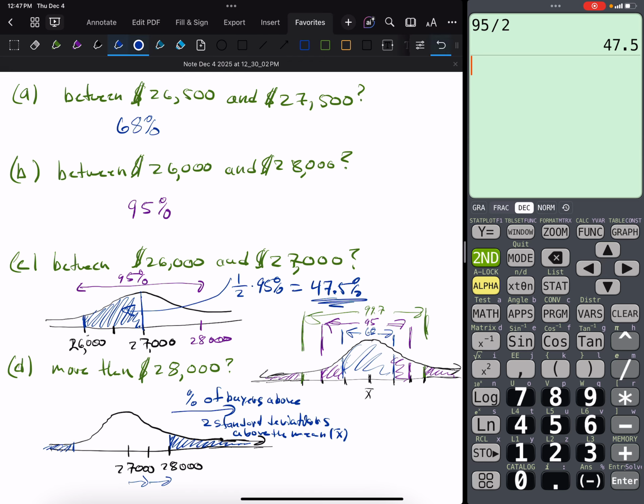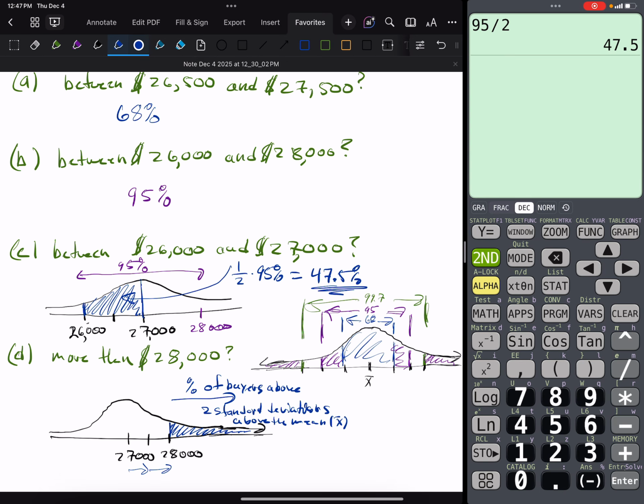And I don't want that tail over there. But because this is symmetric around the mean, that means that there's 2.5% above 2 standard deviations above the mean, and there's another 2.5% below 2 standard deviations below the mean. And so all I care about is this 2.5% that are 2 standard deviations above the mean and above that.